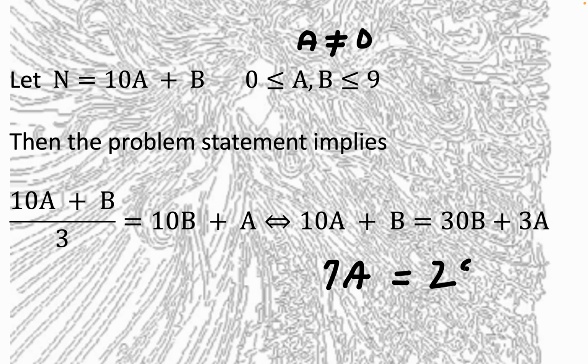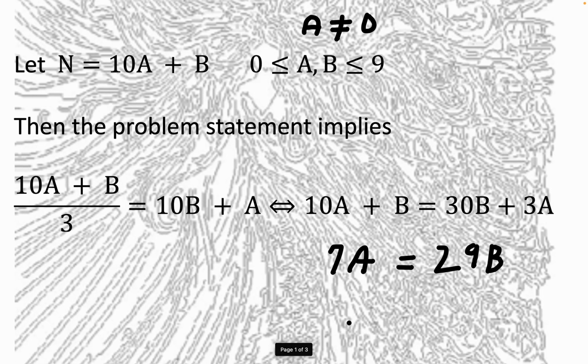And you'll note that 7 and 29 are prime numbers. Not that that's necessarily important here. But notice that this statement right here: you subtract b from 30b, you get 29b. If you subtract 3a from 10a, you get 7a. So what does this tell us? Actually it is important, 29 and 7 are relatively prime.